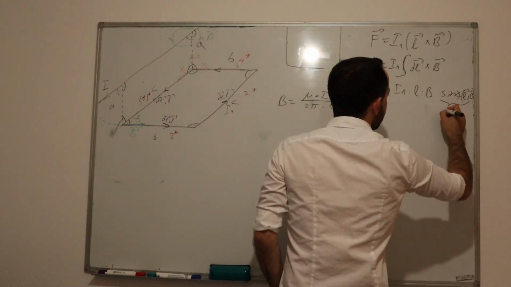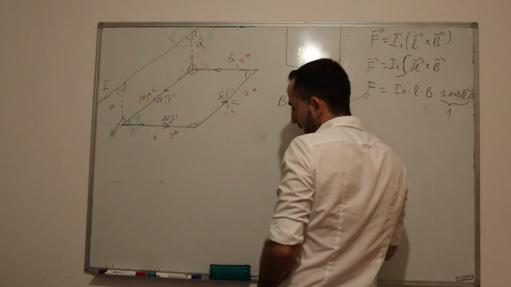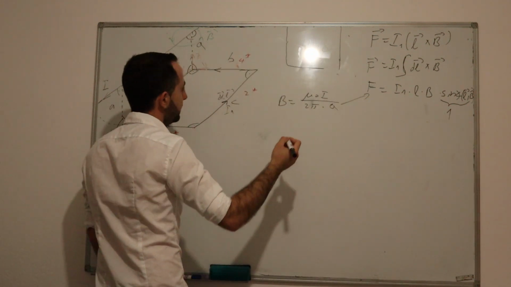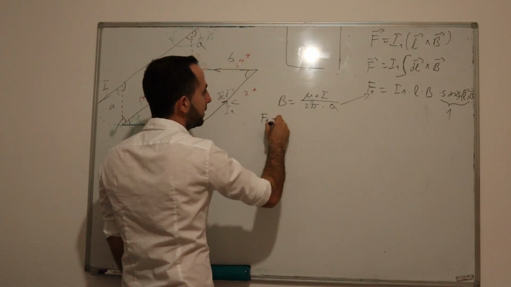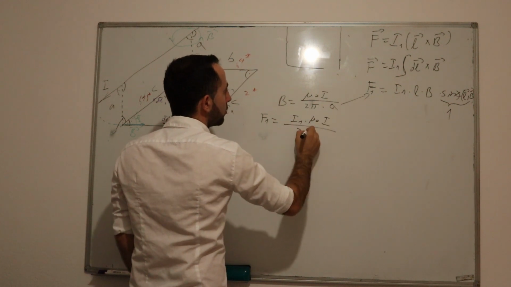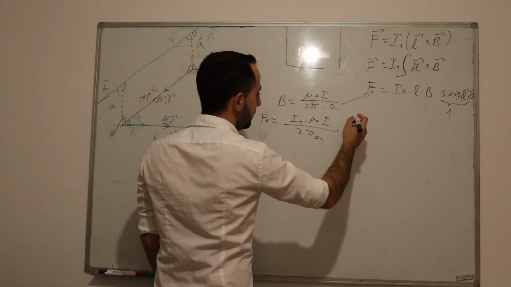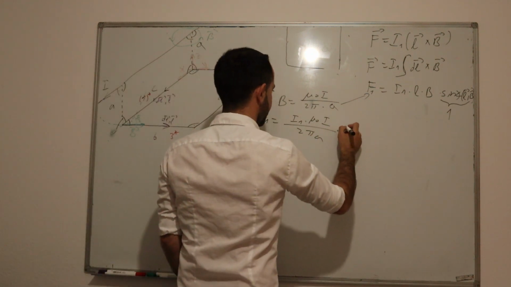The sine of the angle between these two, which is pi and a half, 90 degrees, is 1. So we will get that our first force F1 is equal to I1 times μ0 I over 2 pi A times the length of our conductor, which is C.